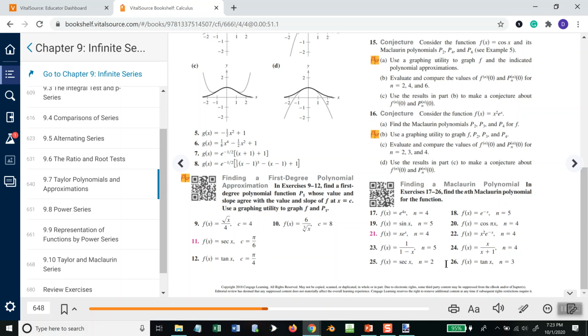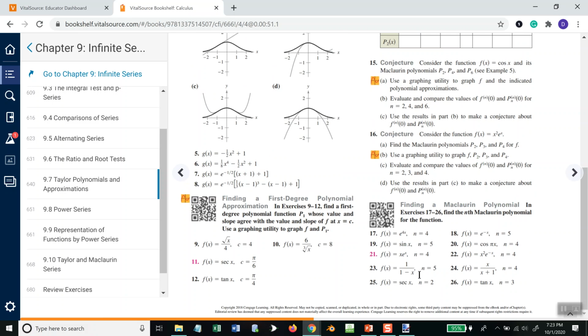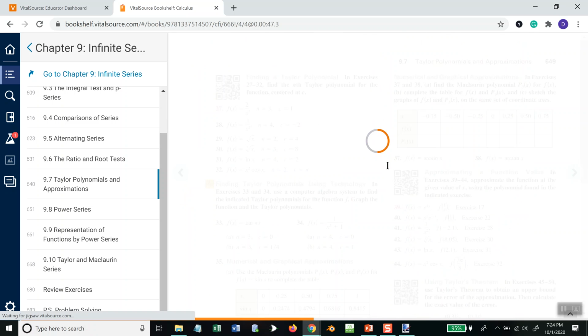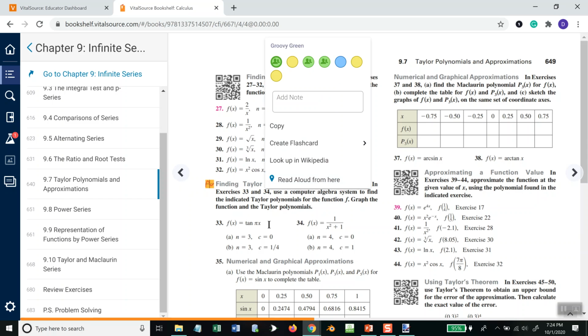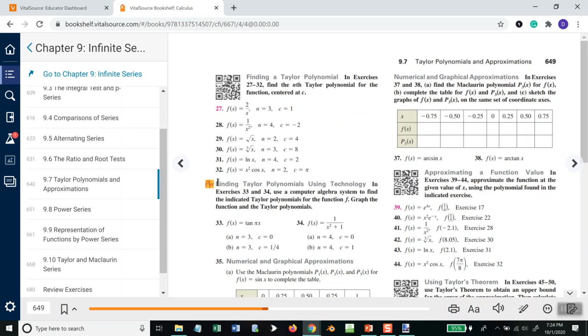But notice what they have here: n is equal to 2, so you don't have to go very far on it. Now, if you change that to n equals 8, which gives you a better approximation (the more of these you do, the better your approximation is), that'd be horrible. So you'll notice all these are pretty easy. Number 32, but n equals 2. They've deliberately picked problems that are easy to work, which is good.